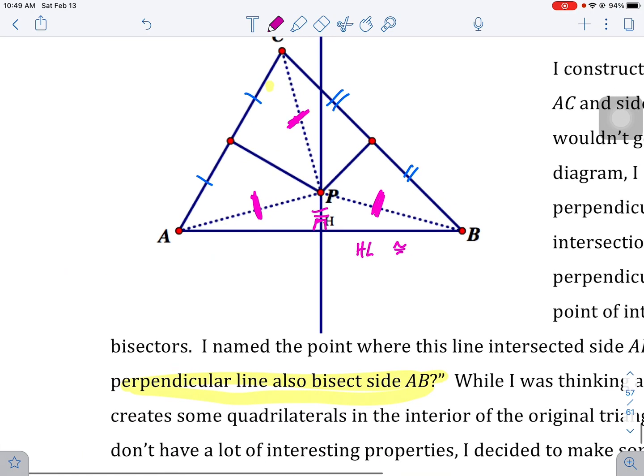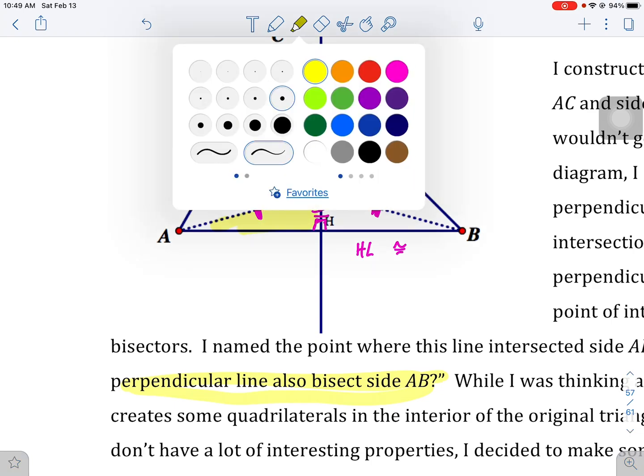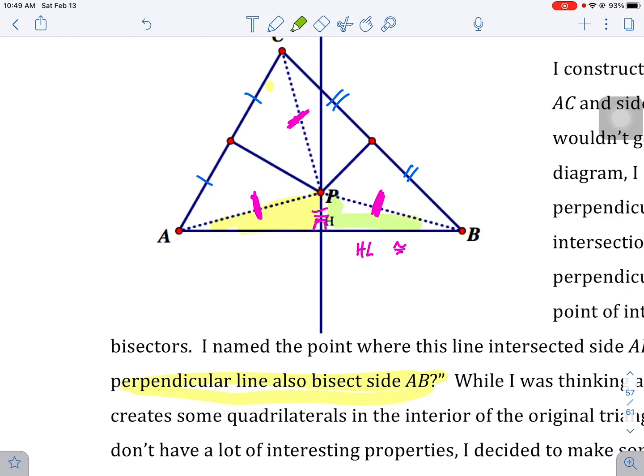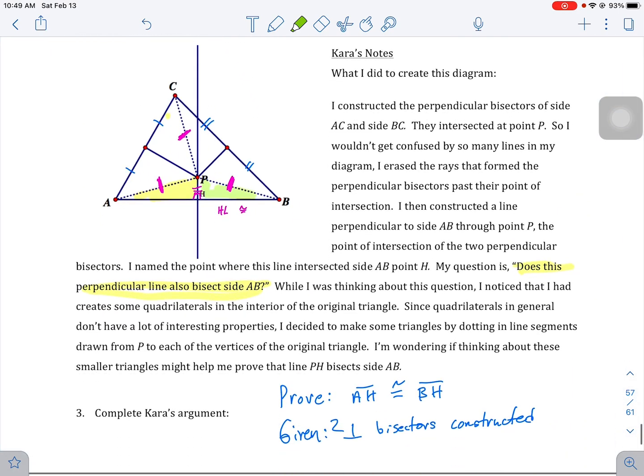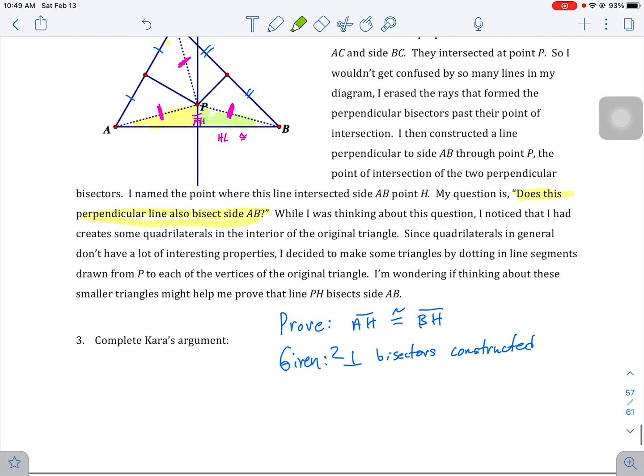So if we do that, we're going to say that this triangle is congruent to this triangle. And so I didn't list all the steps, but one of the important things is the last two is what I'm going to do. I'm going to say that triangle APH is congruent to triangle BPH.